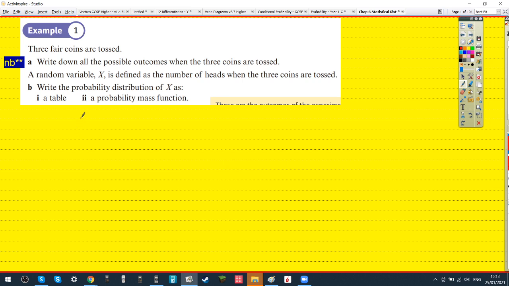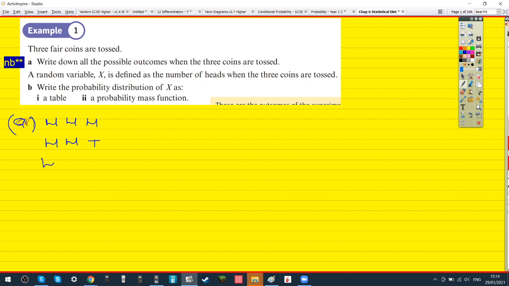Okay, so head. Tail. I would do it systematically: head, and then change just one thing, tail, and go from there.